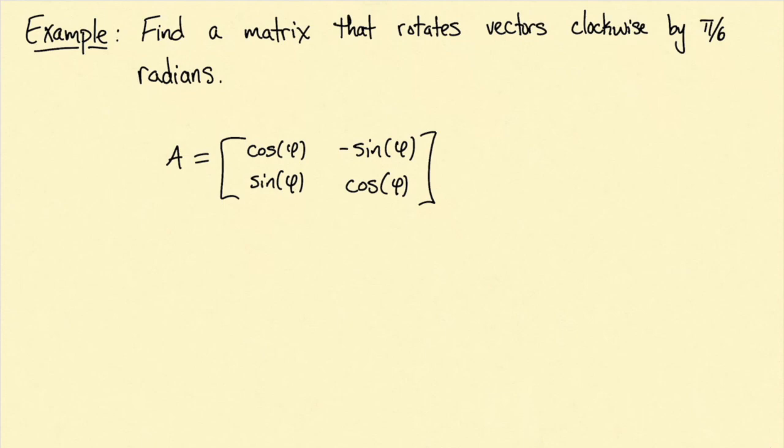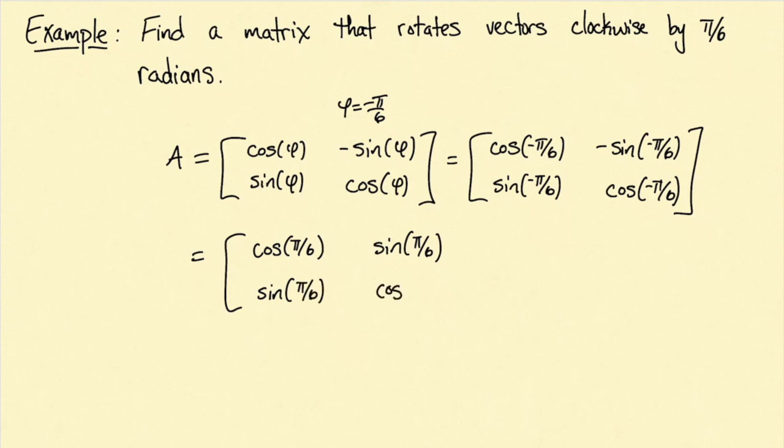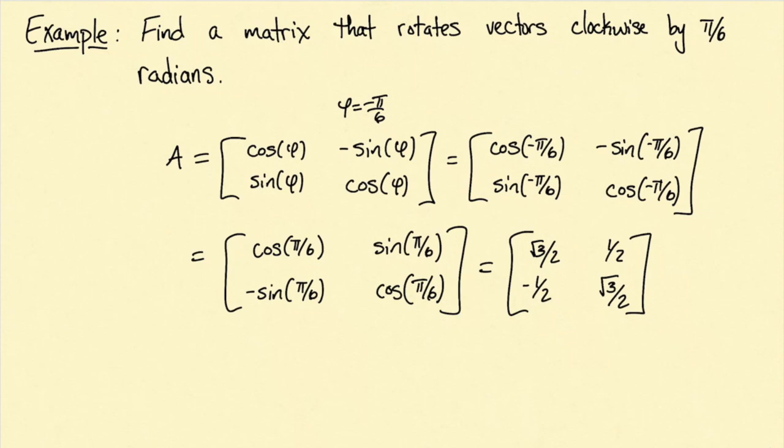Since we want to rotate clockwise, we indicate this with a negative angle. So for this example, phi will be negative pi over 6. Plugging in negative pi over 6 gives us the matrix. And since cosine is an even function and sine is an odd function, we can reduce this to the following. And so we get the columns root 3 over 2, negative 1/2, and 1/2, root 3 over 2.